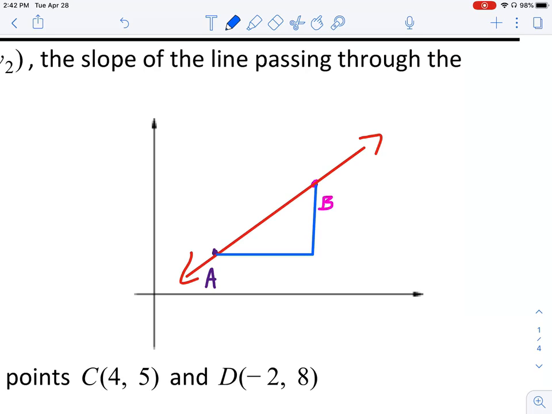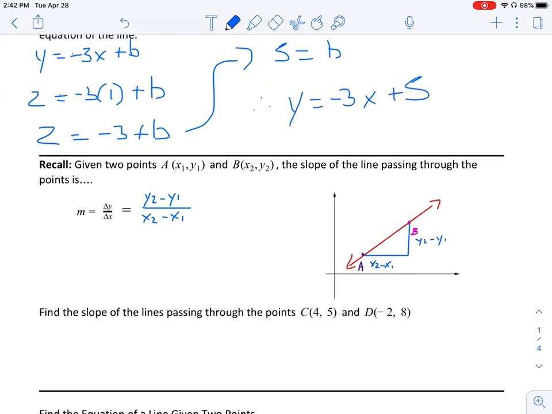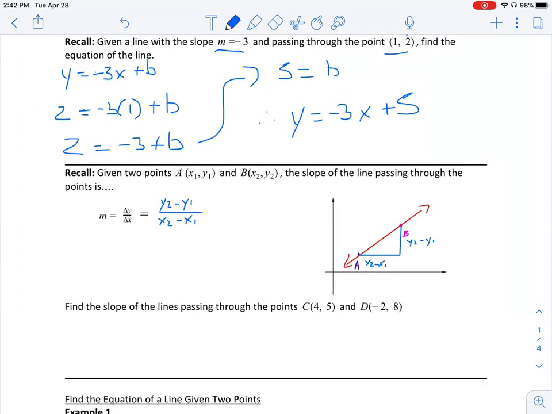So this would be x2 minus x1, and this would be y2 minus y1. So the general idea of finding a slope using 2 points, that's kind of how we would do it. That should be a bit of a refresher.